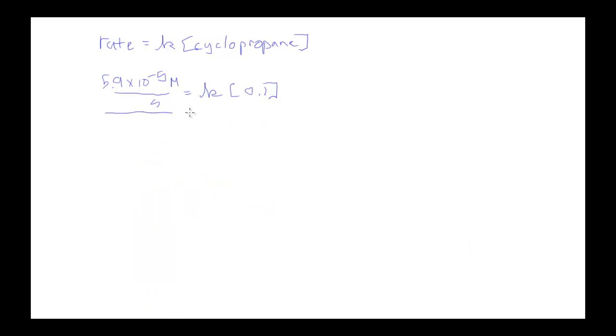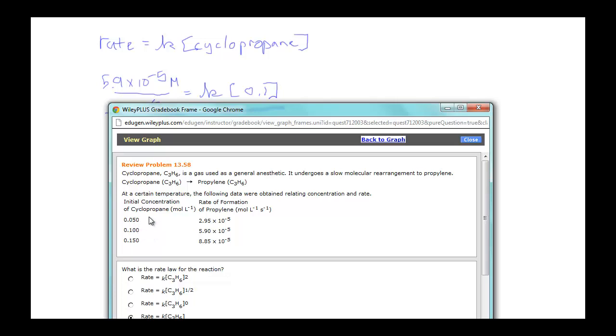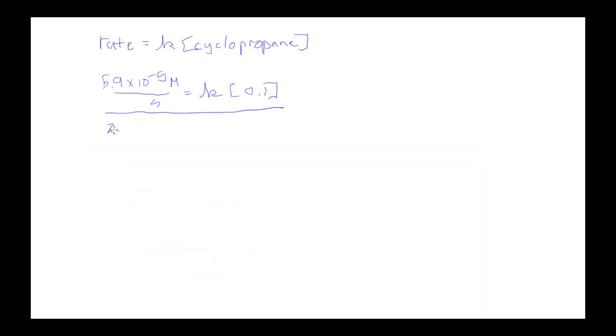And then I'm going to divide that by another time point, in this case 0.05, which has a rate of formation of propylene of 2.95 times 10 to the minus 5th molar per second, equals K times 0.05. So the K's are going to cancel out. 0.1 divided by 0.05 is 2.